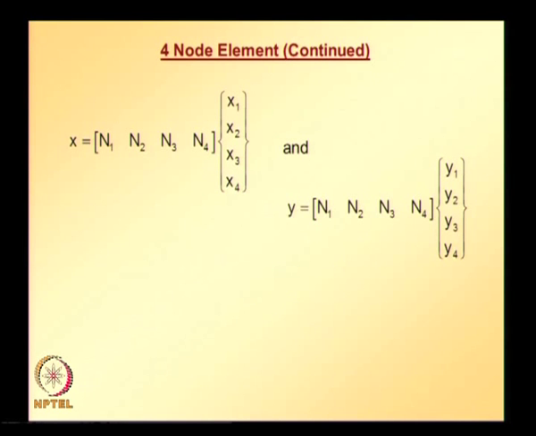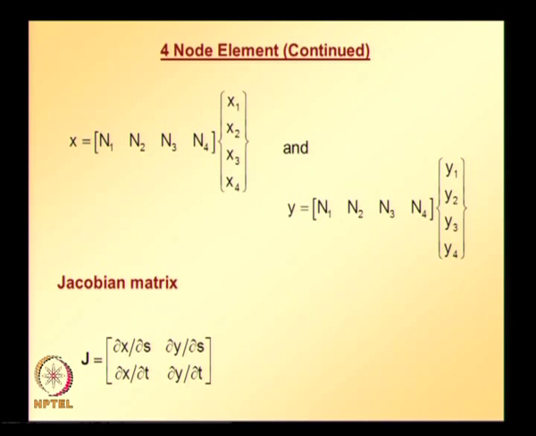This is the isoparametric mapping written in matrix and vector form, and once we have this information we can easily find the Jacobian matrix and the determinant of the Jacobian. The Jacobian matrix comprises all the partial derivatives: x with respect to s, x with respect to t, y with respect to s and y with respect to t. So, once we have these two equations, we can easily find those derivatives. The Jacobian matrix is defined like this, and from here we can find the determinant of the Jacobian.